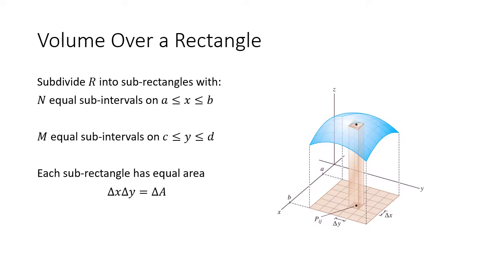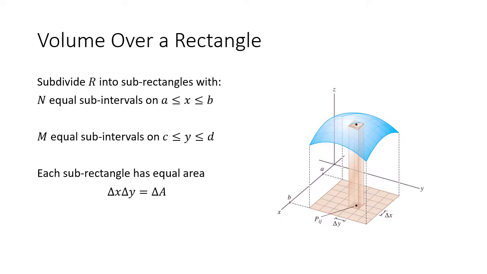Then, just like we did in Calc 1, what I want to do is subdivide my rectangle into subrectangles. We use capital N subintervals for x, capital M subintervals for y. That part does not matter as much because we're going to be taking infinite summations in just a minute.